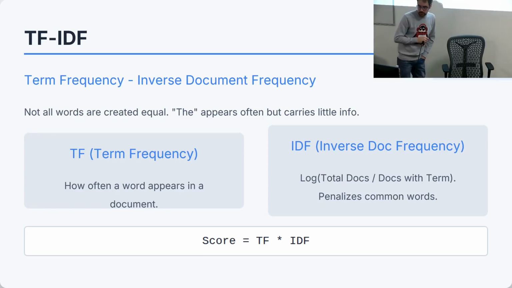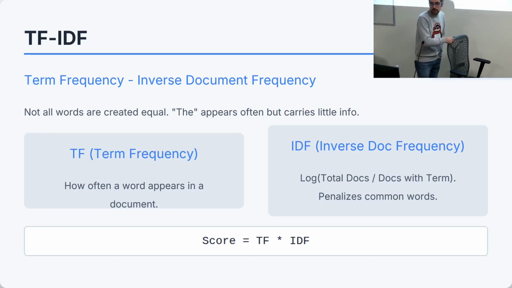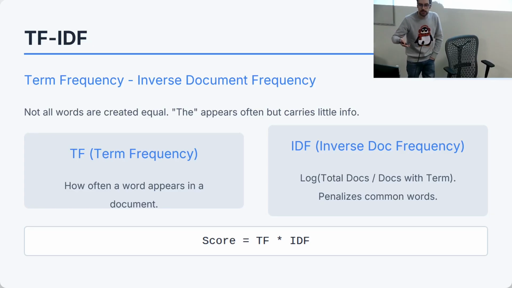Just an intuition. If in this document the word appears in 10% of the text, but if we consider all of the documents, that term only appears in 1% of the documents, I can safely say that for this document, that term is highly relevant. If instead a term appears in 50% of my documents, that term is not so meaningful.